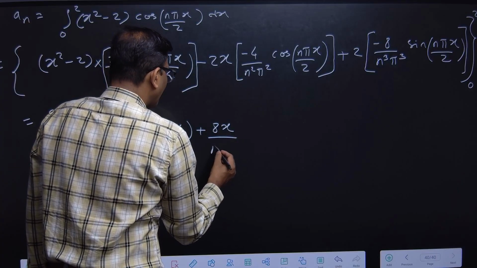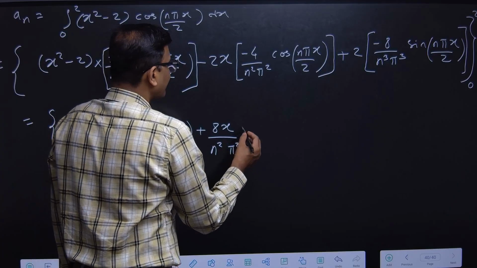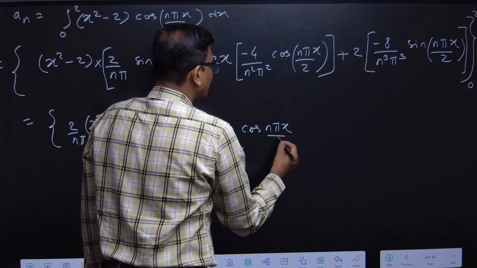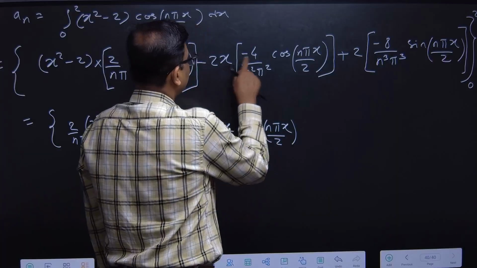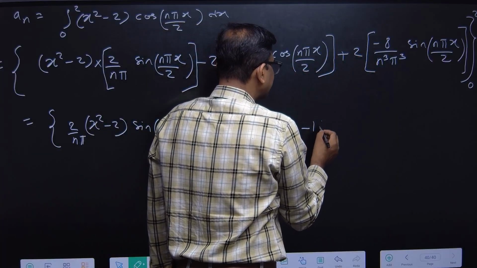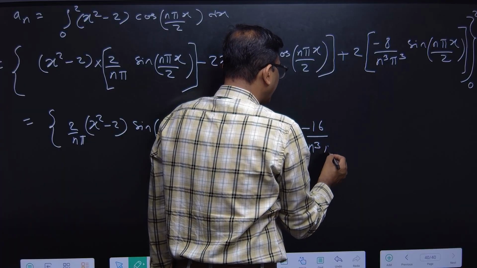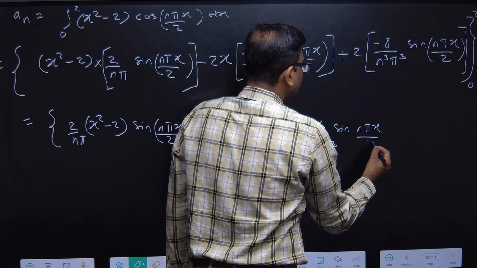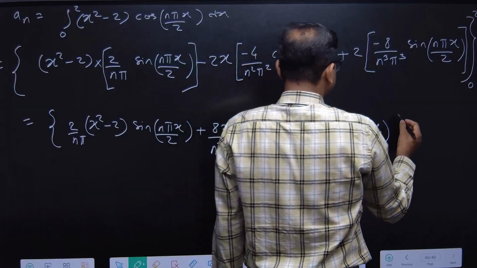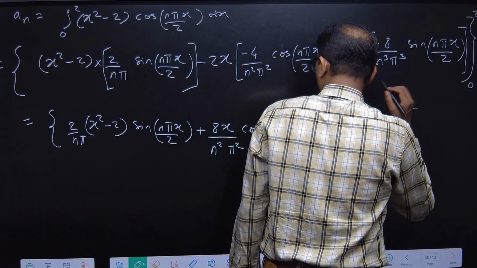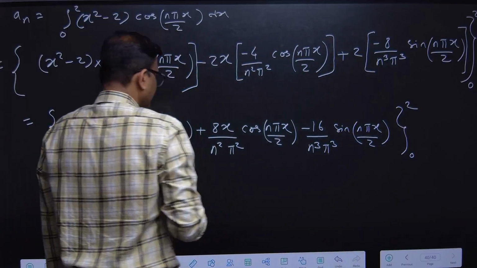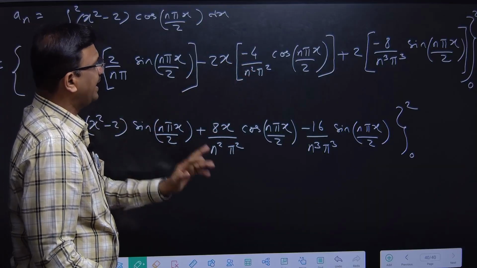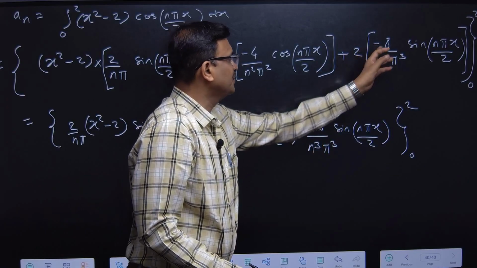So 8x upon n square pi square cos n pi x upon 2, plus into minus is minus 16 upon n cube pi cube sine n pi x upon 2, and this is within the limit 0 to 2. So see, I just simplified this. This minus into minus I have made plus. 2 into 4 is 8. This plus into minus will become minus. 2 into 8 will become 16.